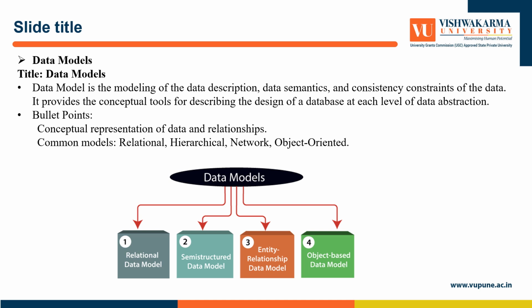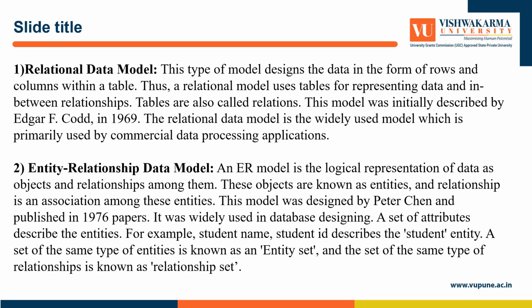The types of data model are: relational data model, semi-structured data model, entity relationship data model, and object-based data model. Common models for conceptual representation and relationships are relational, hierarchy, network, and object-oriented.